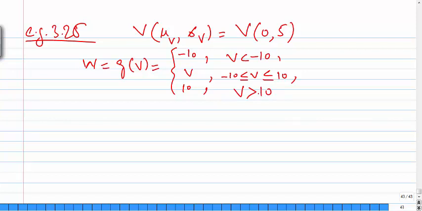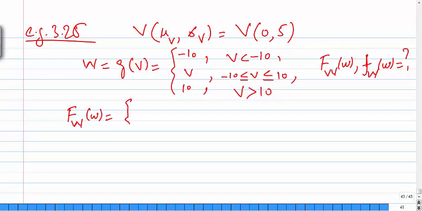Now we have to find the CDF and PDF of this derived random variable. First, the CDF.